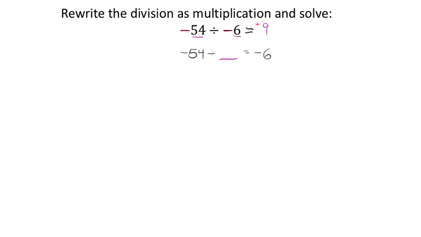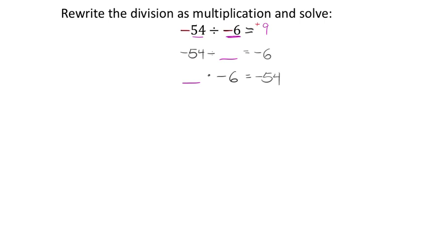But what they do want is the multiplication problem. So the blank, which I put in purple and we know is 9, you would take the 9 and multiply it by the second number in the division problem, which is showing as negative 6, and that should equal negative 54.